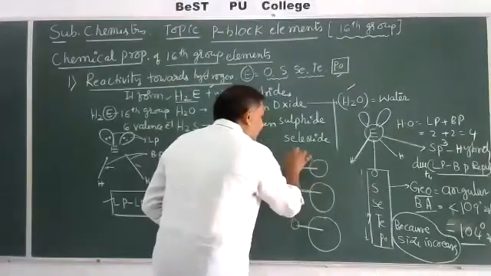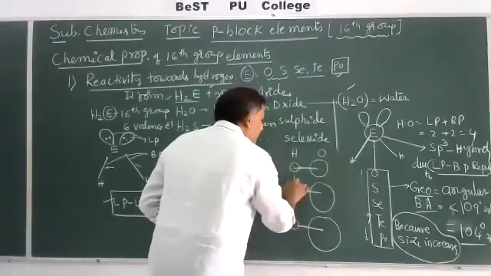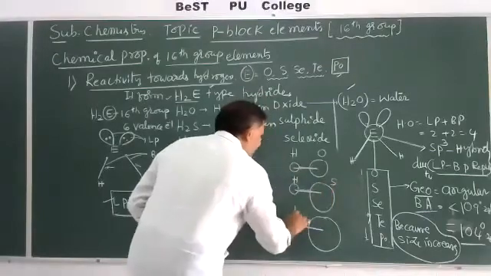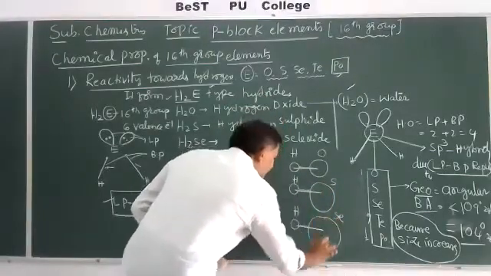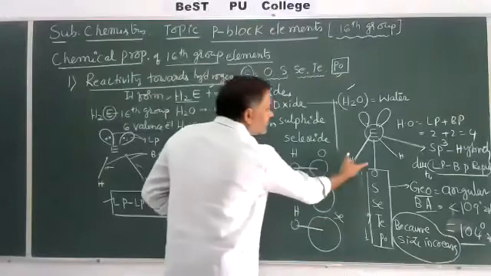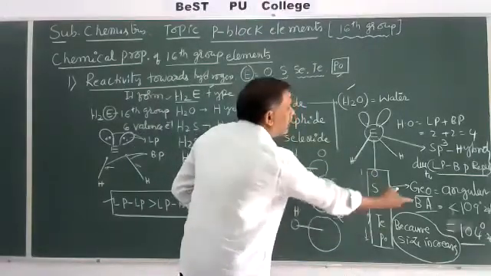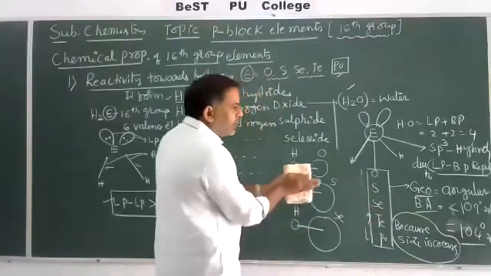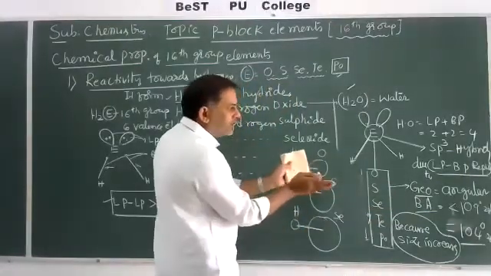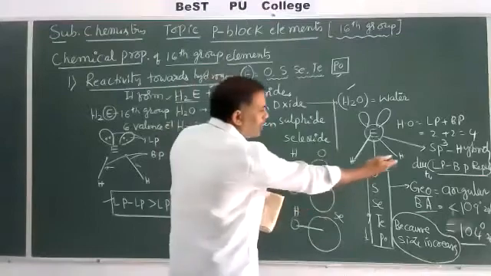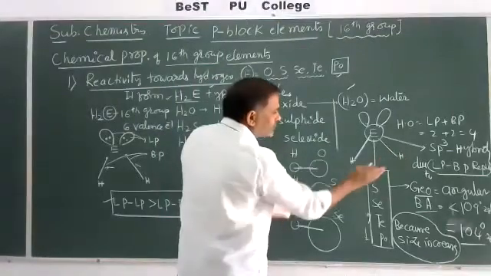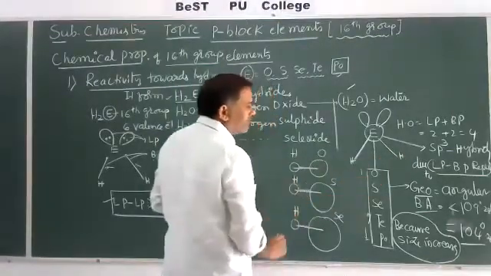So this is hydrogen and oxygen, hydrogen and sulfur, hydrogen and selenium, and so on. From top to bottom, the size of the central element increases and the bond angle decreases because the repulsive forces decrease. Lone pair, bond pair repulsive forces decrease, so the bond angle also decreases.